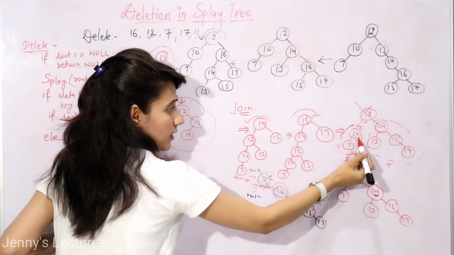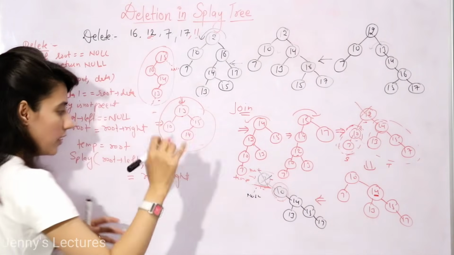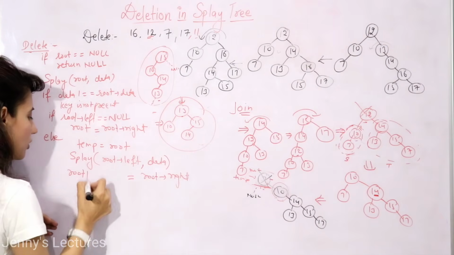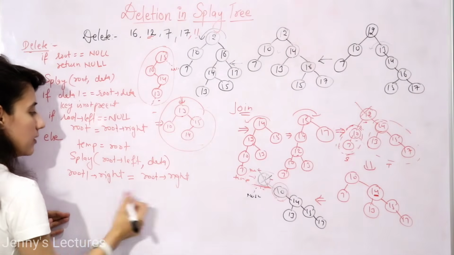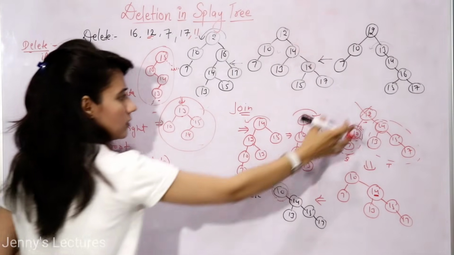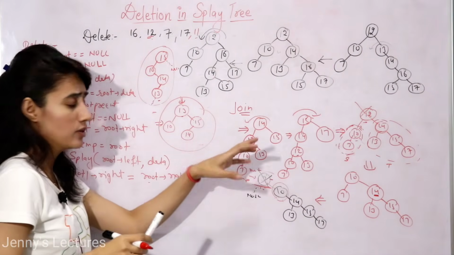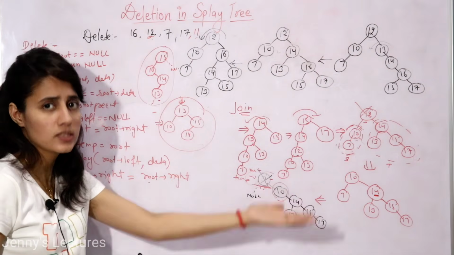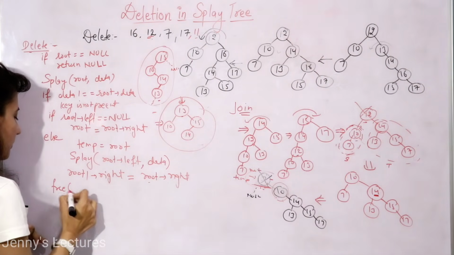Here in the right pointer of this root. This is what? The root of the left subtree. Suppose I am taking this as root 1. So root 1's right, there we will store root of right, fine. Root is the root of this tree, and root 1 I am taking as the root of the left subtree, and suppose root 2 is the root of the right subtree, fine. Now this is done, and after that you can free temp.